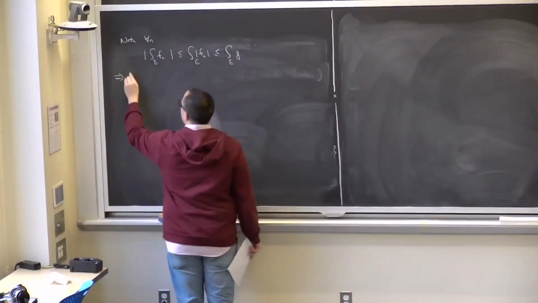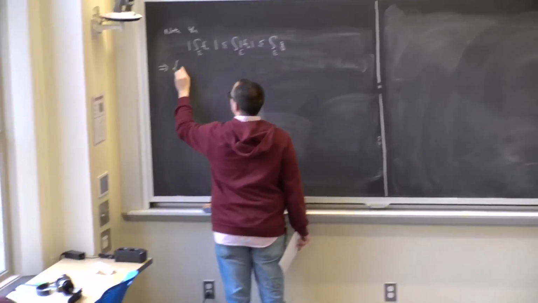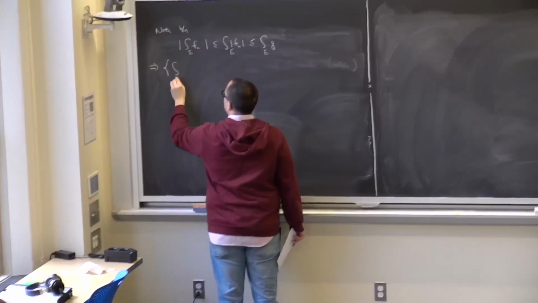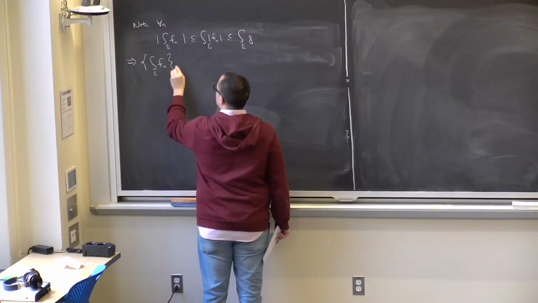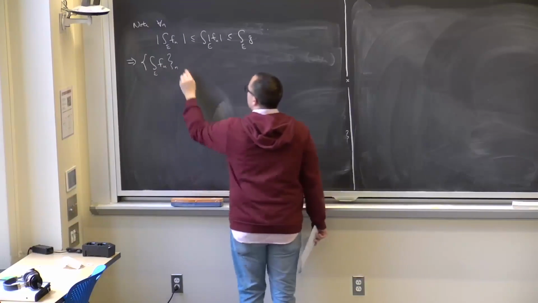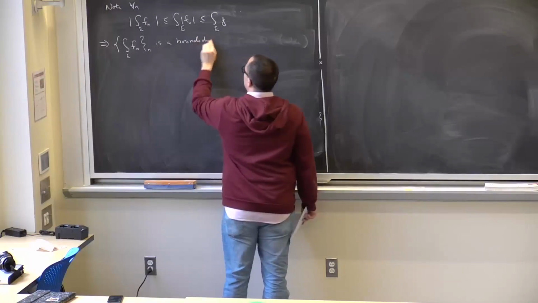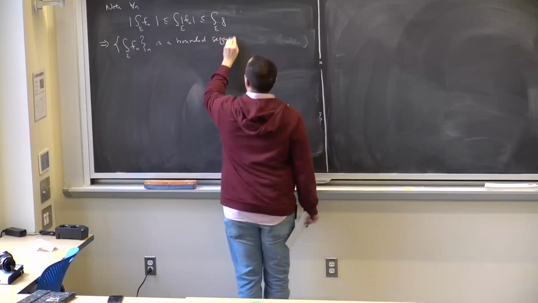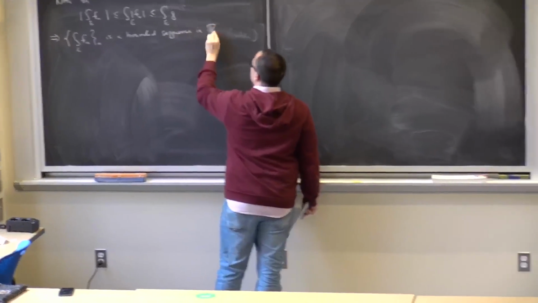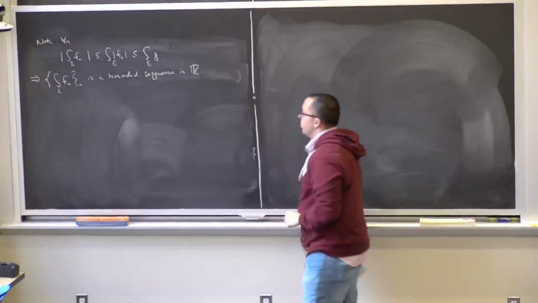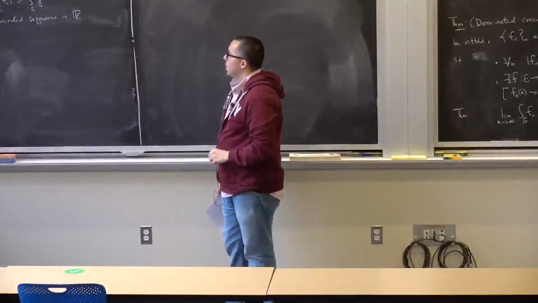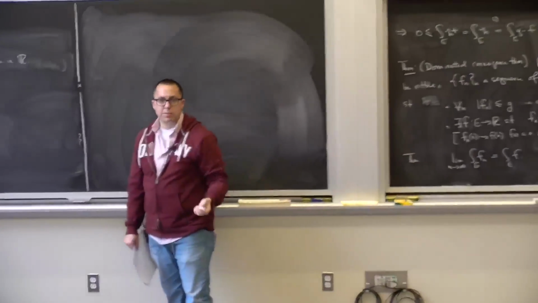Which implies that the sequence formed by the integrals of these functions, so this is a sequence of real numbers, is a bounded sequence of real numbers. Okay? So it has a lim sup and a lim inf, right?